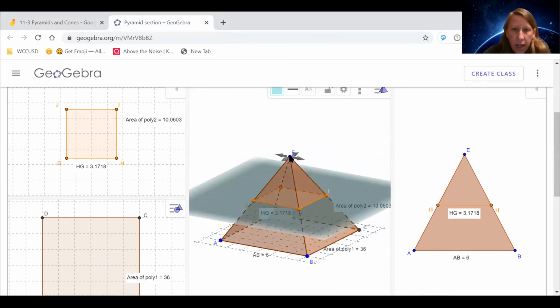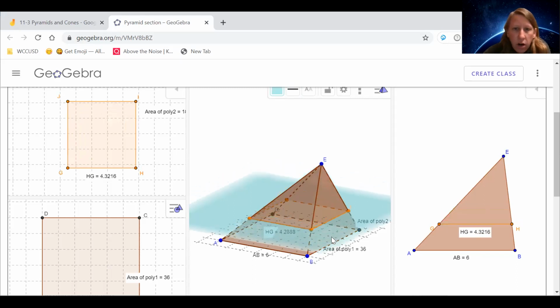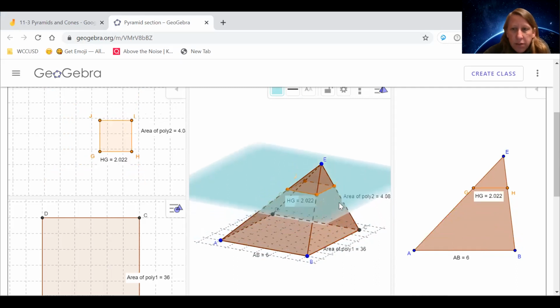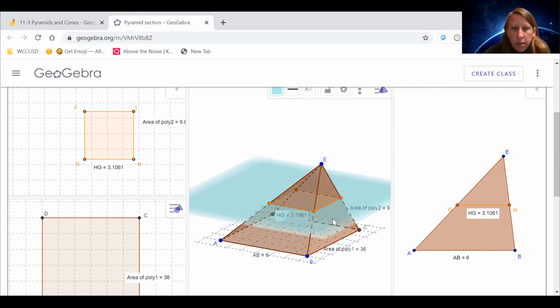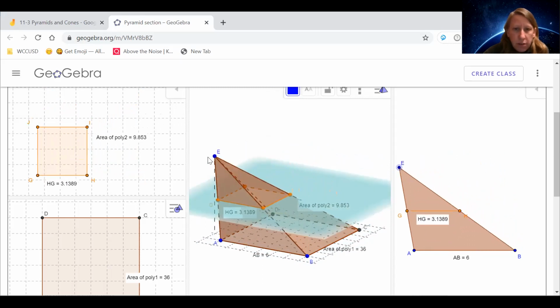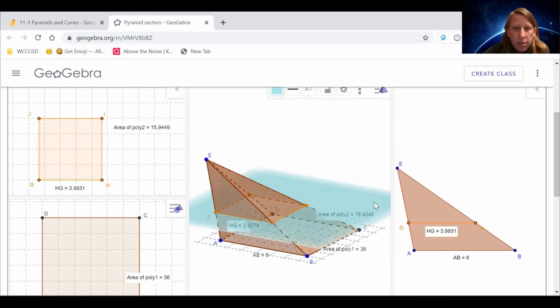Question is, if I make this oblique, if I wiggle that over, are the cross sections also going to be the same? Even if it's oblique, am I going to have the same cross section? Yep, even if I tilt it way over, the area of all the cross sections is going to be the same.